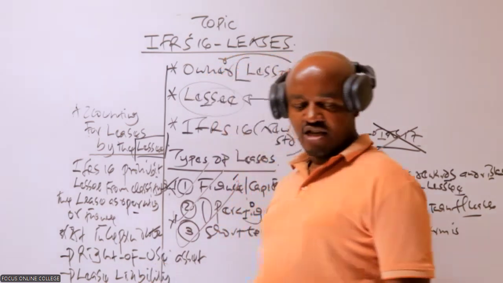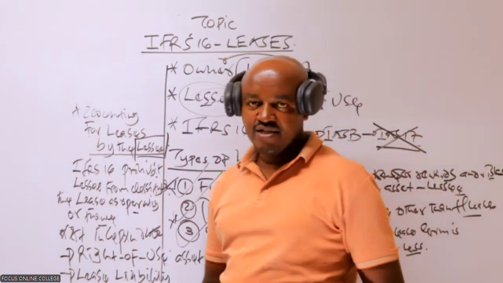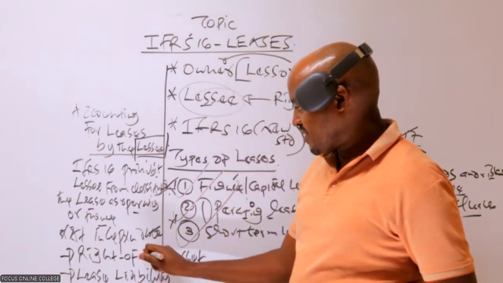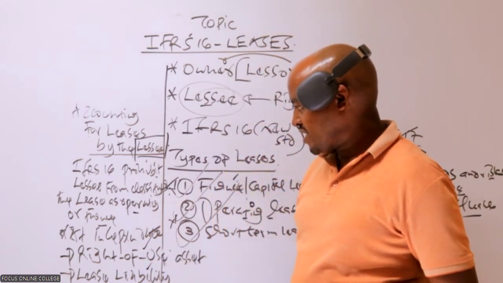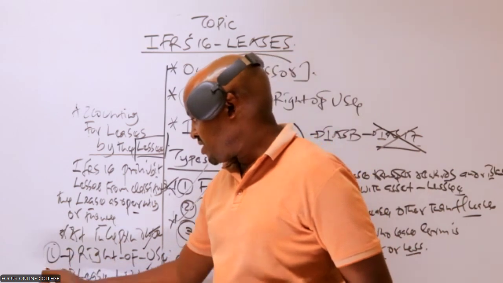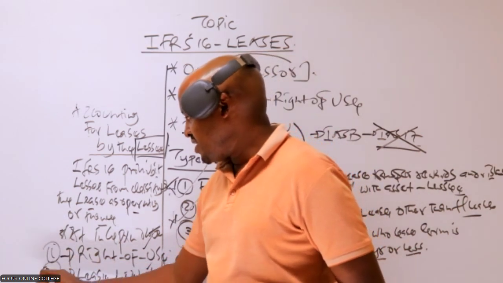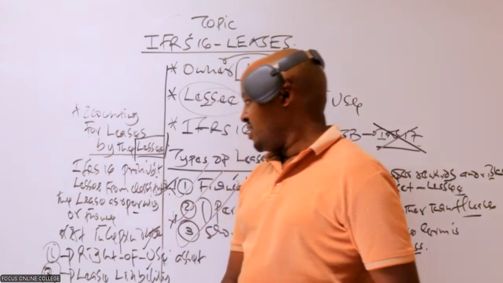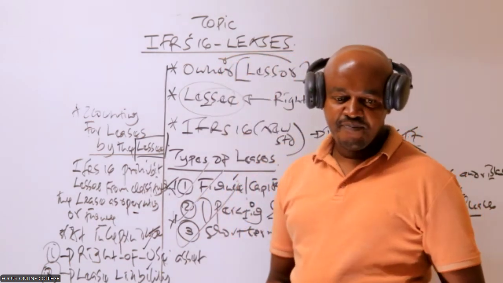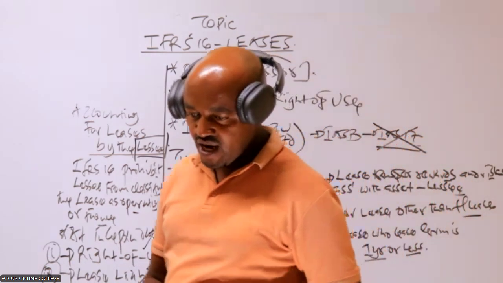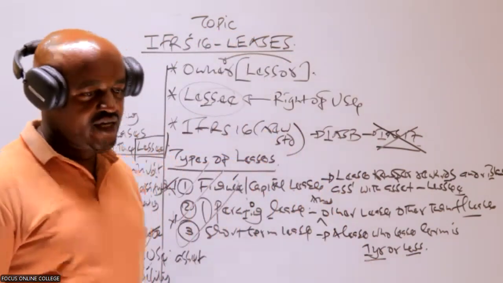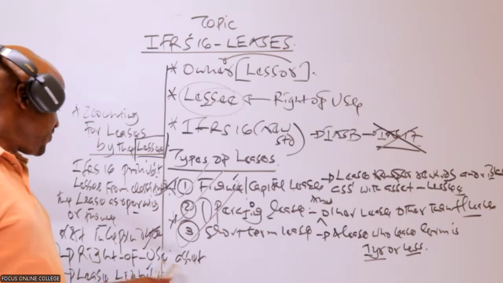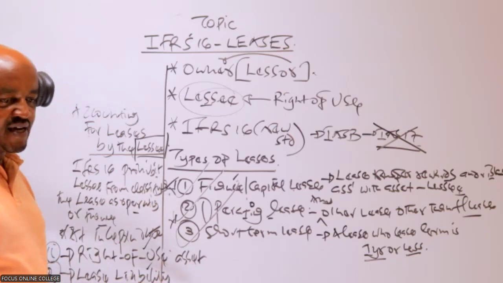So if a company leases an asset, that company is expected to determine and recognize two items: the right of use asset and the lease liability. In this case, we're going to look at how we determine each of these two items.